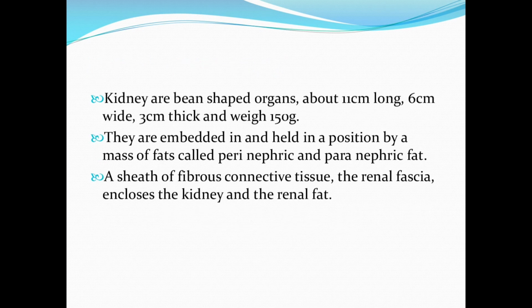Kidneys are bean-shaped organs about 11 cm long, 6 cm wide, 3 cm thick, and weigh 150 grams. And they are embedded and held in position by a mass of fat called perinephric and paranephric fat. A sheath of fibrous connective tissue called the renal fascia encloses the kidney and the renal fat.